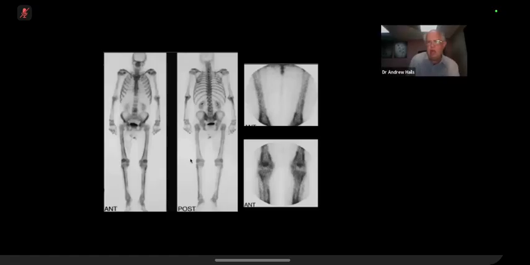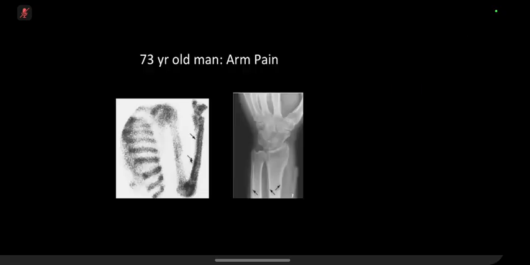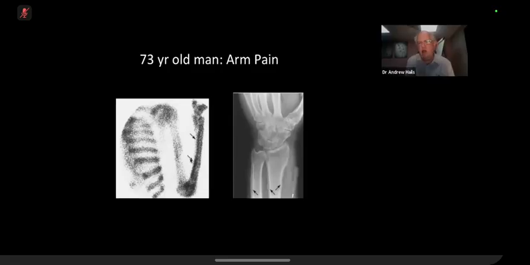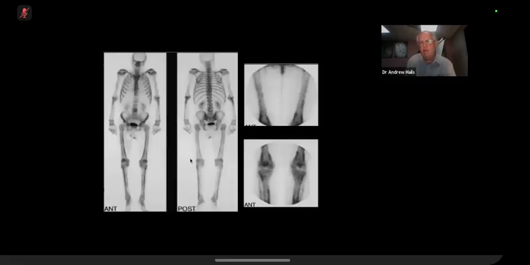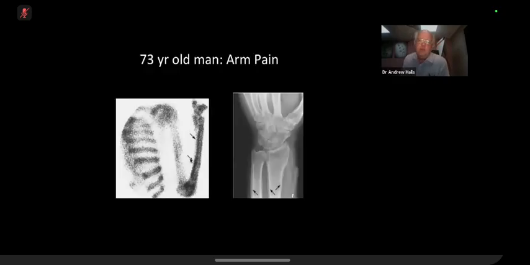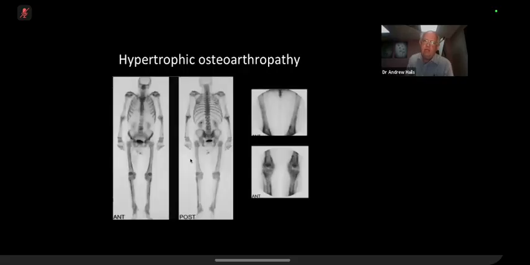This was hypertrophic osteoarthropathy. And this is another example of it where it's in the arm, and you can see on the plain film there. Obviously, it's very often due to lung cancer or pulmonary problems, but there are other things: liver disease, inflammatory bowel disease and cyanotic heart disease. That's what that is.